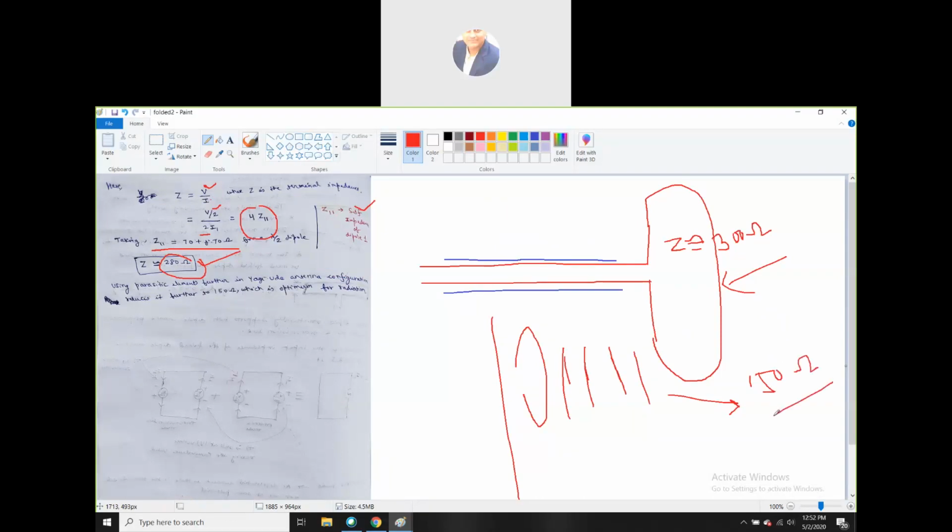And 150 ohm is a very good impedance to radiate power. It is actually the optimum one, because too much impedance is too much load, because an antenna is nothing but a load, isn't it? So too much impedance at the load is also not good. And for the dipole, we have seen that adding a parasitic element makes it 23 ohm.